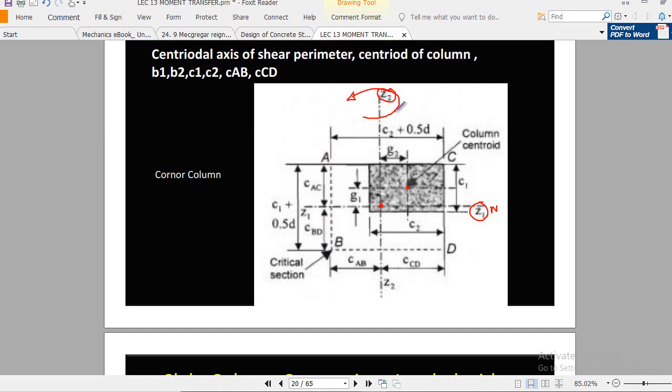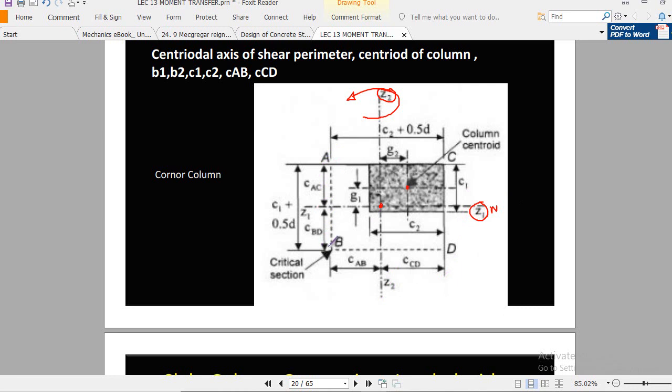And if the moment is now, let's say, in the clockwise direction, then this one will be your front. So you must know this kind of notation. The next thing is CAB and CCD, right? And if the moment is acting about here, in that case the things should be reversed.